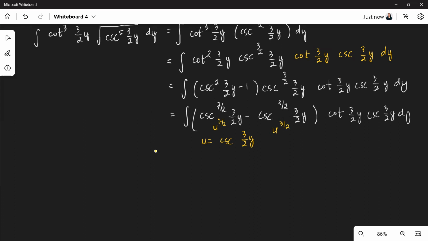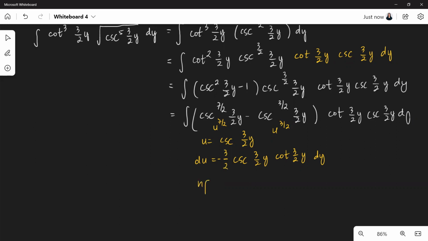If this is our u, then du is negative cosecant 3 halves, cotangent 3 halves, dy, and don't forget the derivative of 3 halves y, or 3 halves. So this entire thing would be multiplied by 3 halves. We'll put the negative sign there and then the 3 halves here.